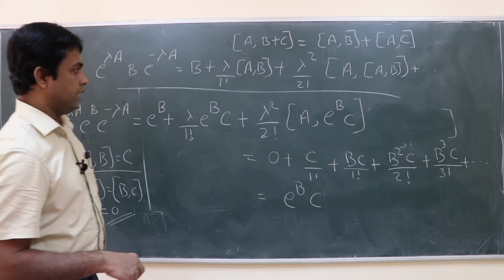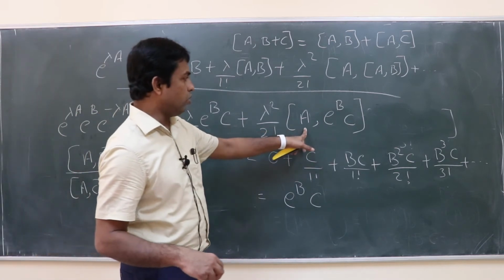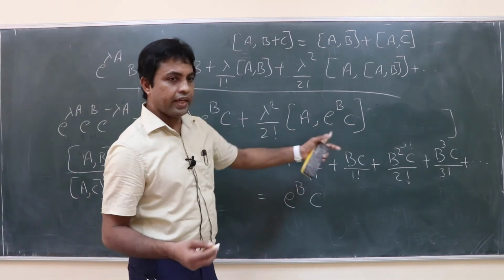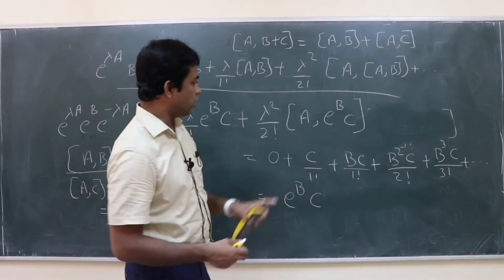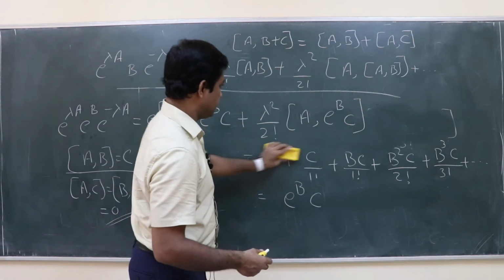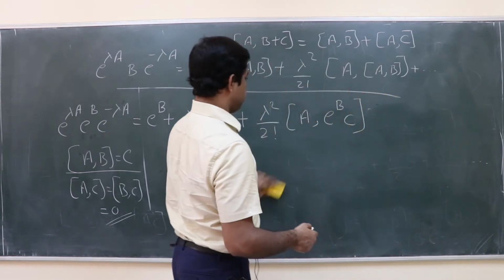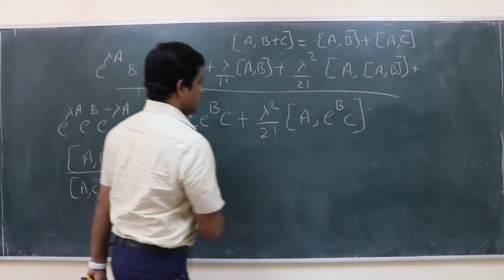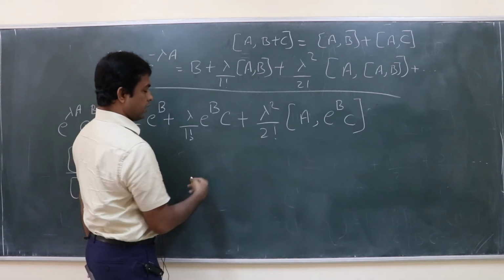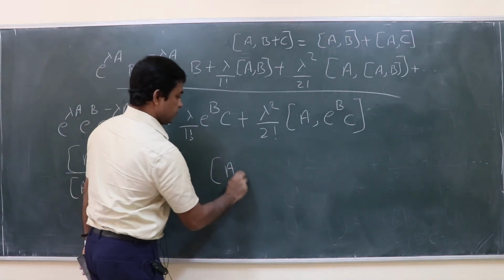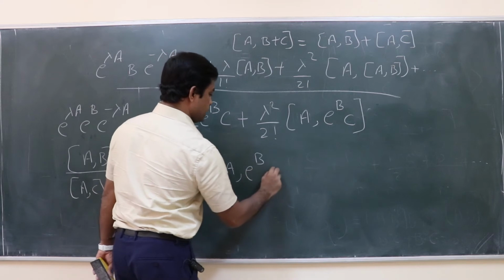No, sir. Okay, but this is very simple now, because C is like a constant operator here. What is this? Let us calculate that. So this is basically the third term, [A, e^(bc)].